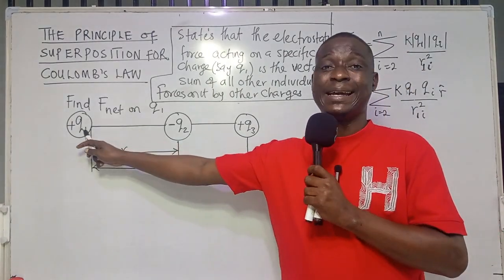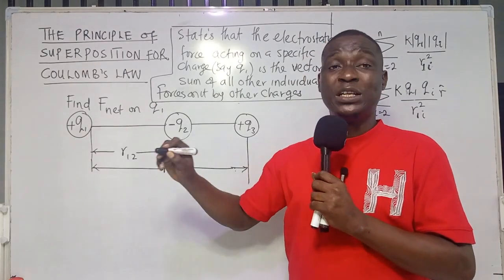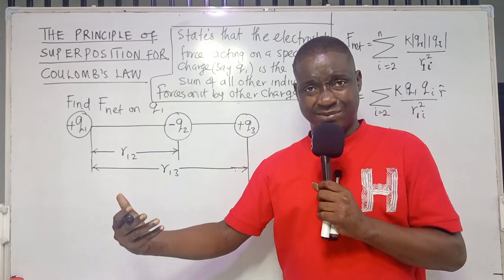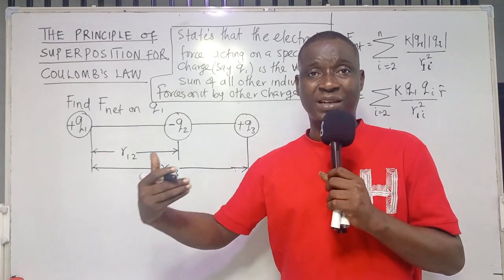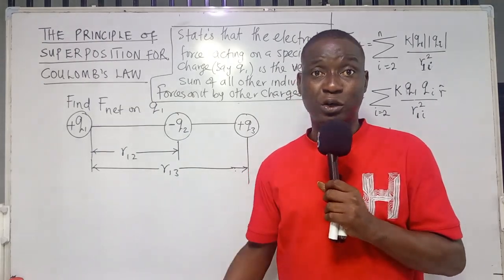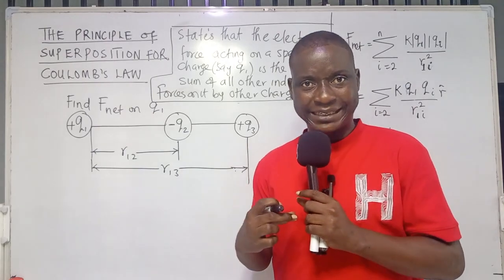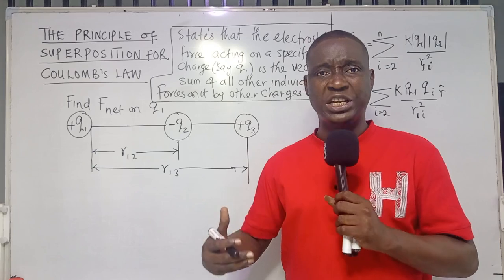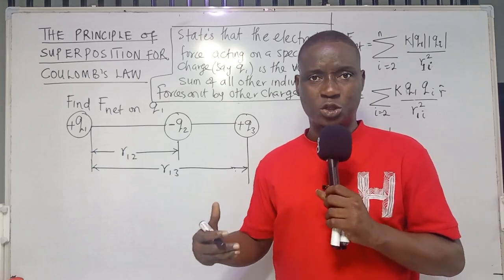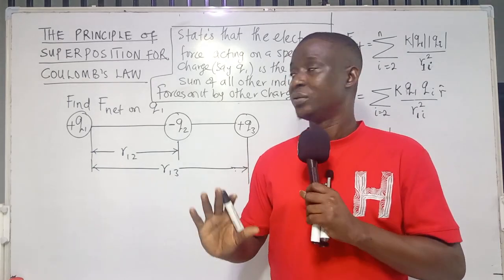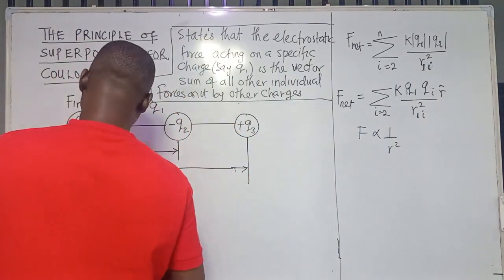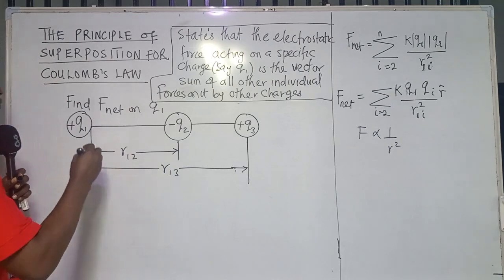Now we want to calculate the net force on this. So we need to consider that when two forces, or two vectors, are moving in the same direction, because force is a vector, we add them together. But when they are moving in opposite directions, we subtract. So these are the things you are going to have in mind. So in that case now, this one will now be what?